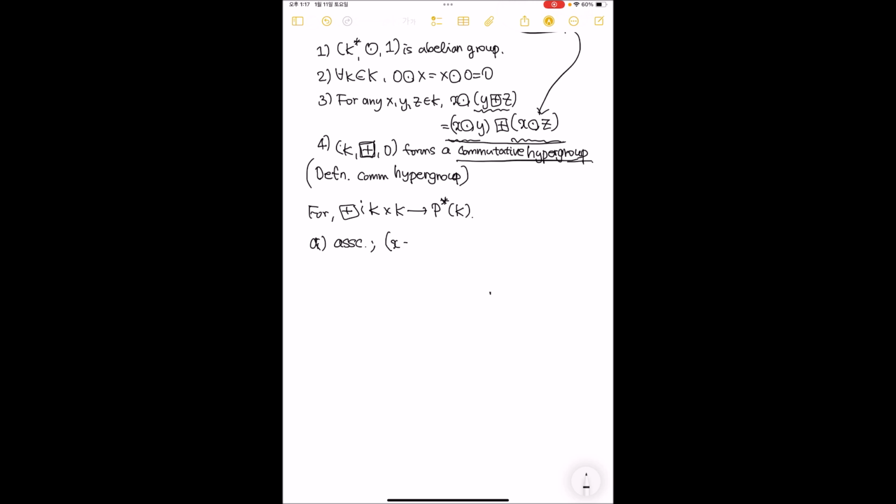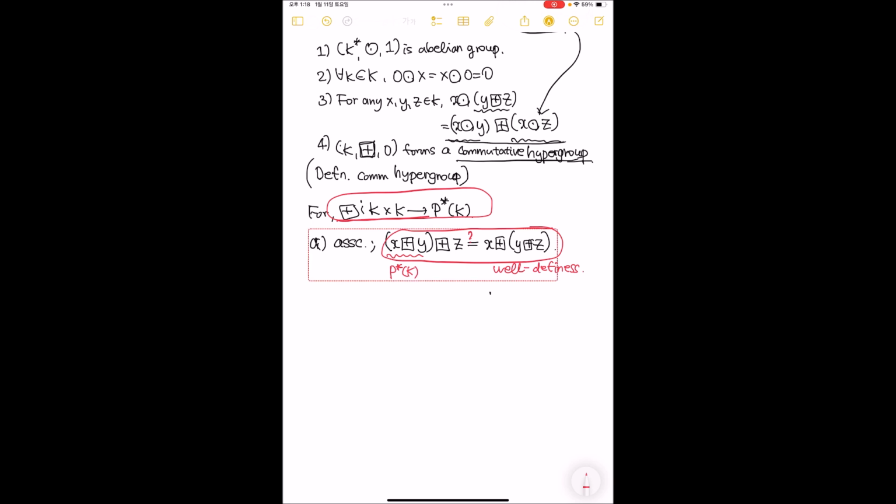But when we think about the definition of this, we should check the well-definedness of this operation, because x sum y lives in P, a subset of K.